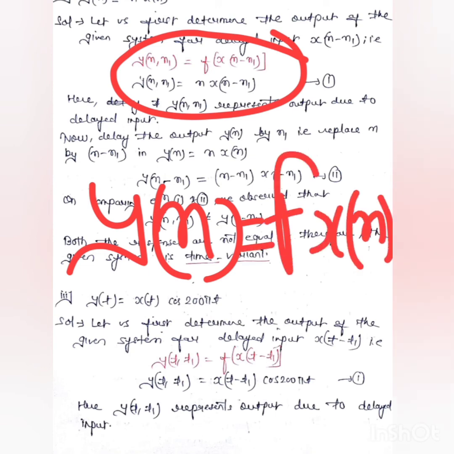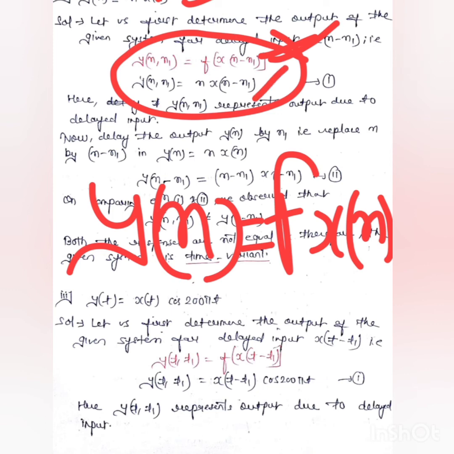So we can write a function of x of n minus n1, because we have to delay our input by n1. So y of n comma n1 is equal to n of x of n minus n1. We only delayed our input, so here we have x of n as an input, and we write x of n minus n1.